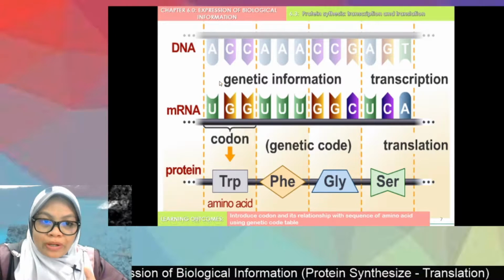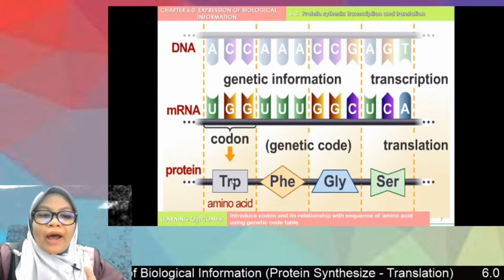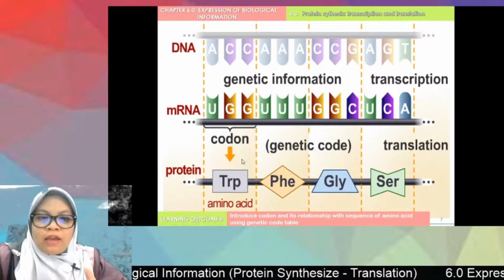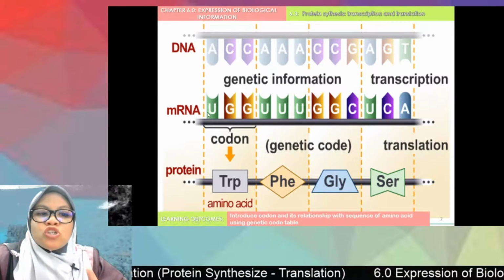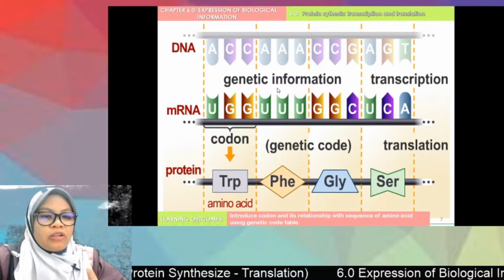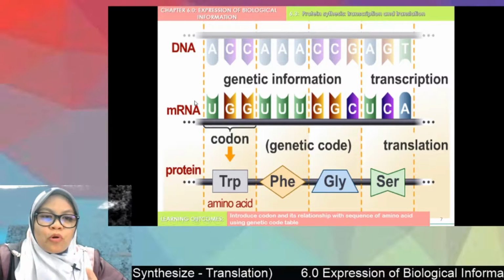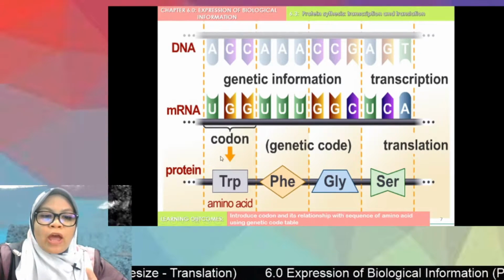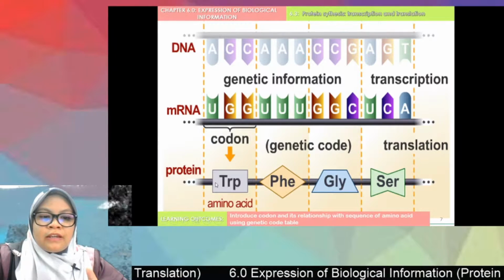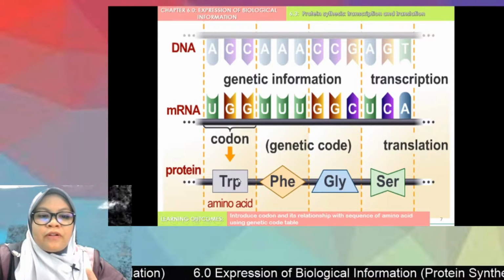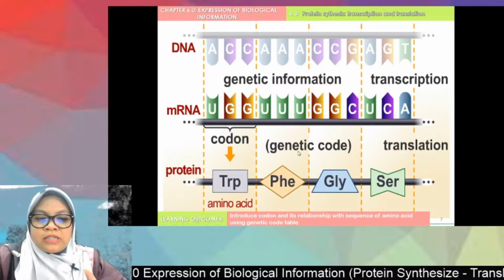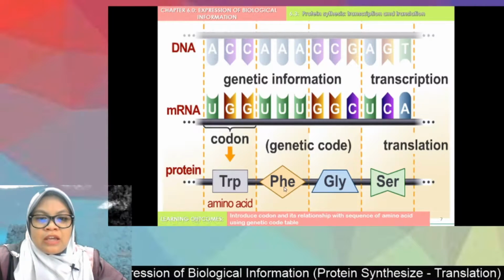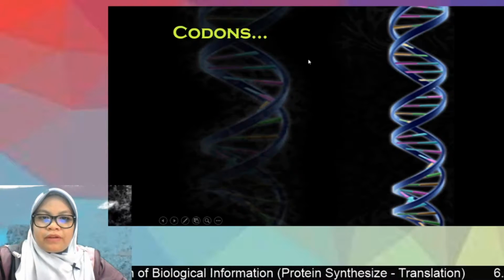One codon is specified to one amino acid. For example here, the codon is 5' UGG 3'. So this codon will code for the amino acid tryptophan.